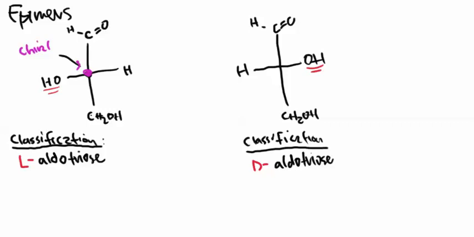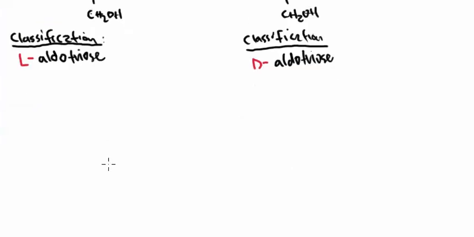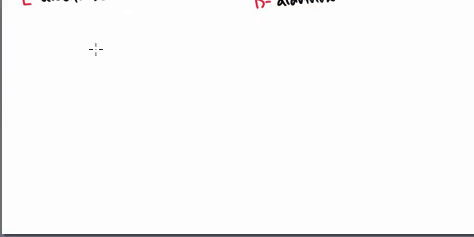The problem, however, is that once you get out of 1 chiral center, we've already discussed this, right? Once we go to 2 chiral centers, the story gets a little bit more complicated on us. So C double bond O, H, and we still have CH2OH here.